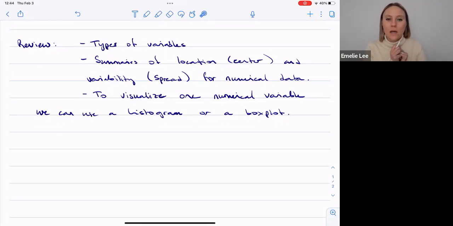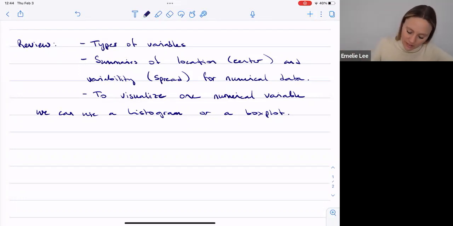Remember, exploratory data analysis is just to get the wheels turning. What are some of the things happening here that I could look at further? What can I analyze here? For one numerical variable, there's not a ton that we can do, but we can learn a lot from that variable.